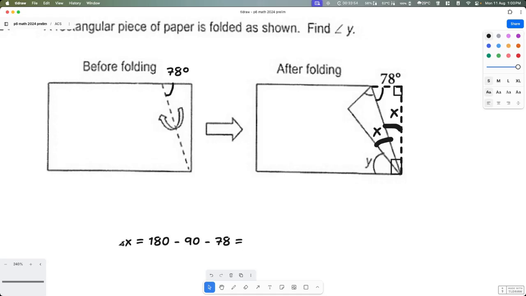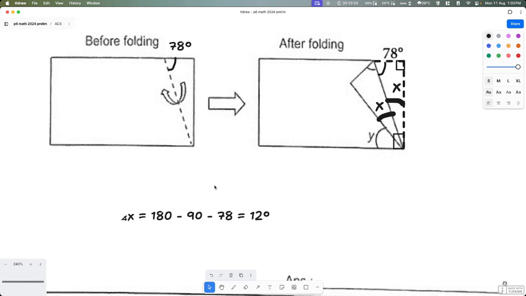So it's 90 minus 78, which gives us 12 degrees. So we know the angle x is 12 degrees. That means angle y over here will be 90 minus 12 minus 12. So this is 90 minus 24, which means this is 66 degrees.